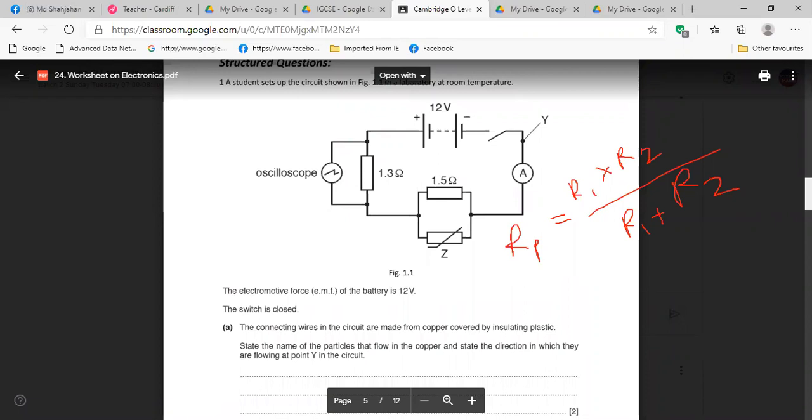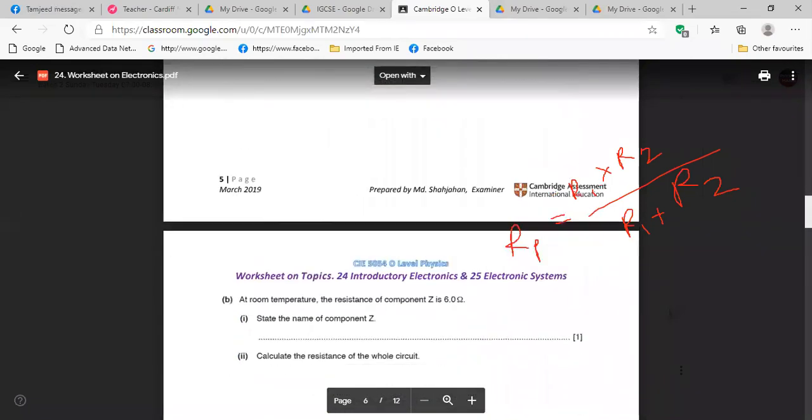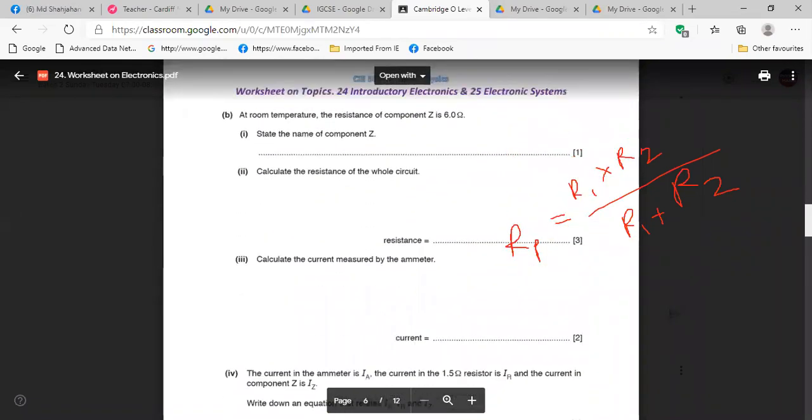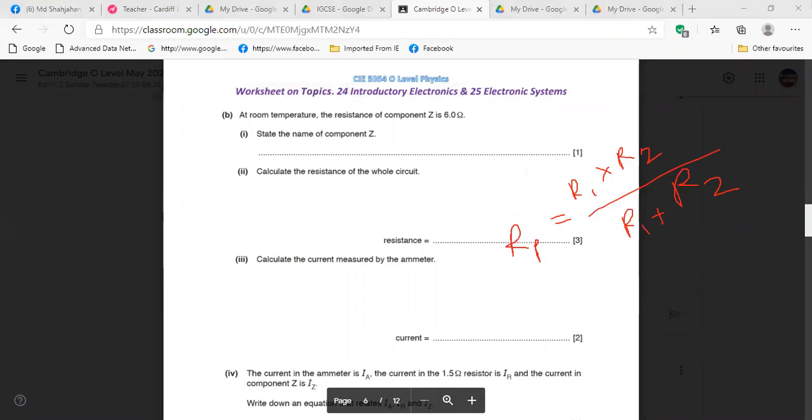How much does it come? Current 4.8, and the unit is amperes. You should write also the unit. Never forget it.